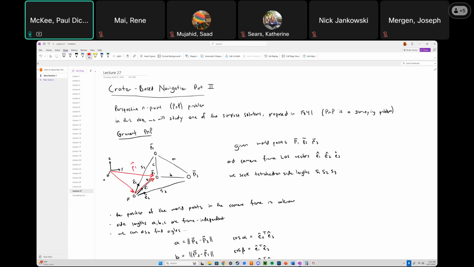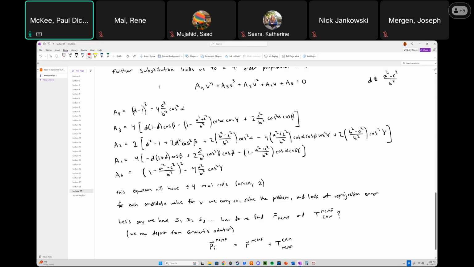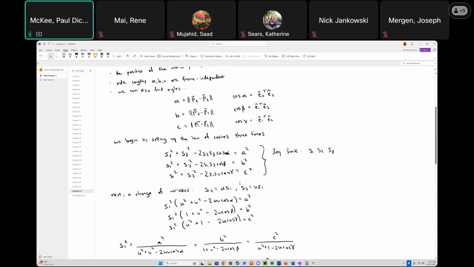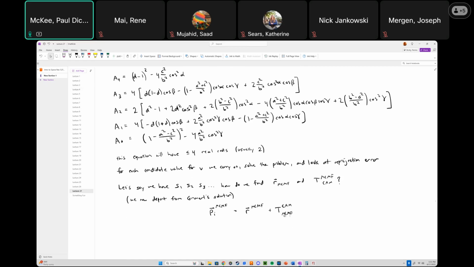So here's P1, here's R, and then this third one is what? Well, it's not S1 because S1 is a side length. It's not E1 because E1 is a direction. It's actually S1 E1. Or I'm even going to say SI EI.